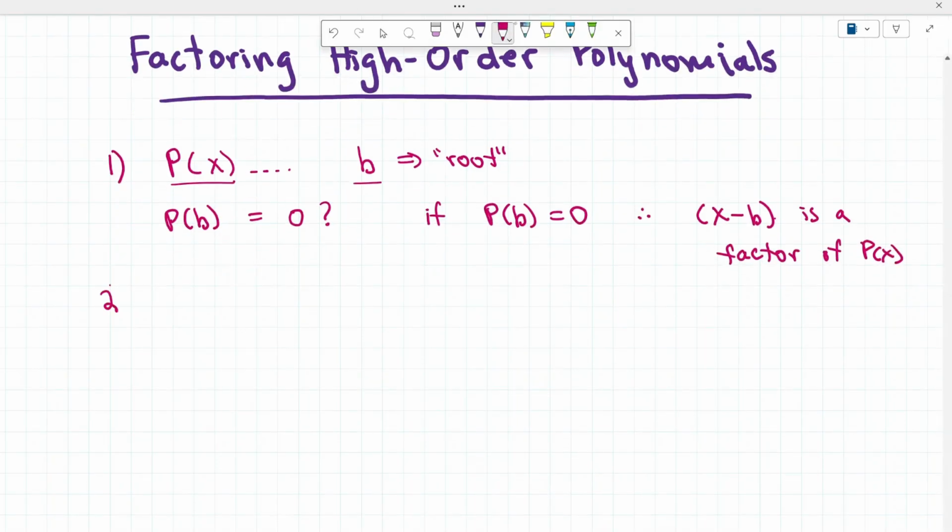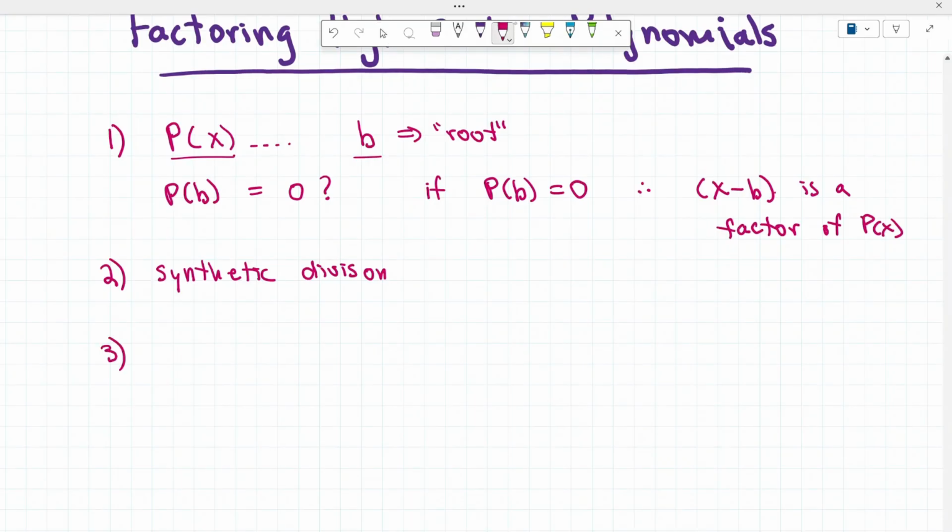Once we've determined our root and found our factor, then we can perform synthetic division. So that's the second part. As a third step, we have to continue to factor. If we have a very high order polynomial, we might have to perform this process multiple times, going through finding a root in many stages.